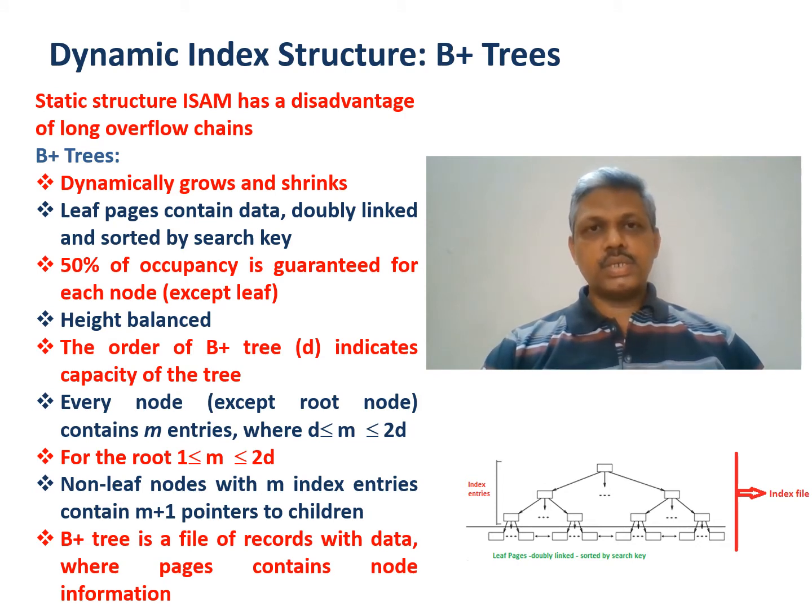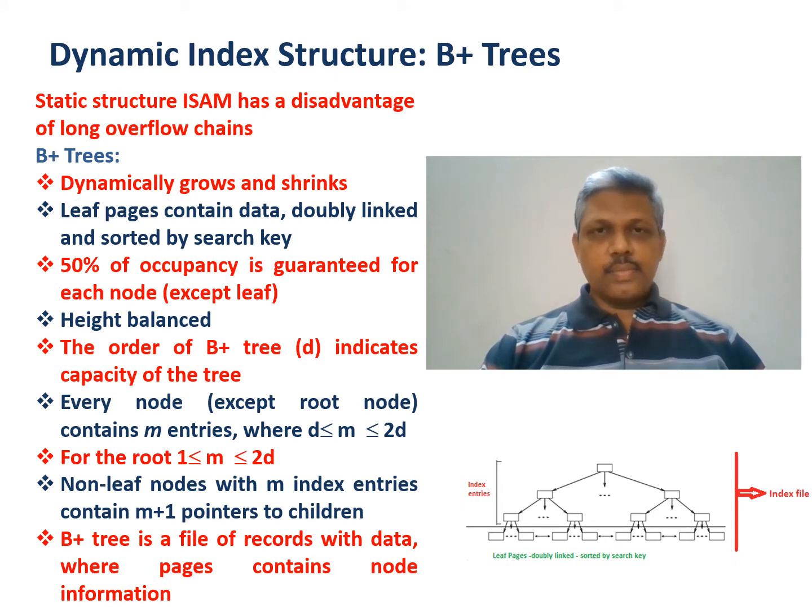B+ trees support range queries because of the add-on feature that the leaf nodes are in the form of doubly linked lists. And these are the important features of B+ trees, and we'll see how actually it can be created.